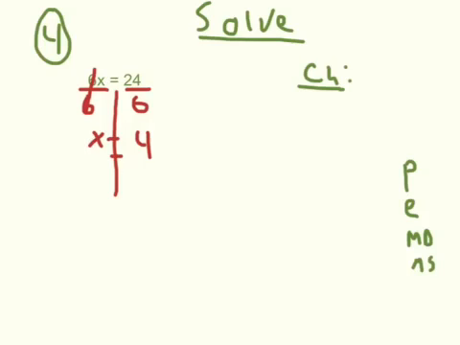And now when I check it, I'm going to put in 6x equals 24, but instead of x, x now equals 4. So 6, and when they're smushed together like this, remember that's multiplication, so 6 times 4, because x now equals 4, equals 24. And 6 times 4, 24, equals 24.